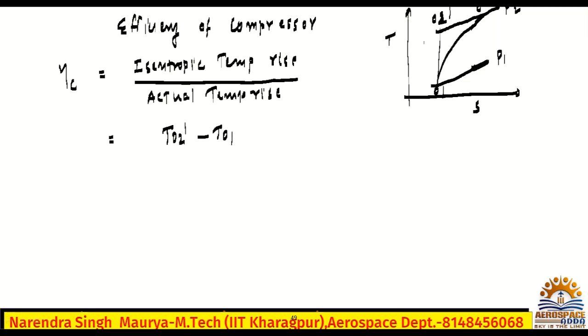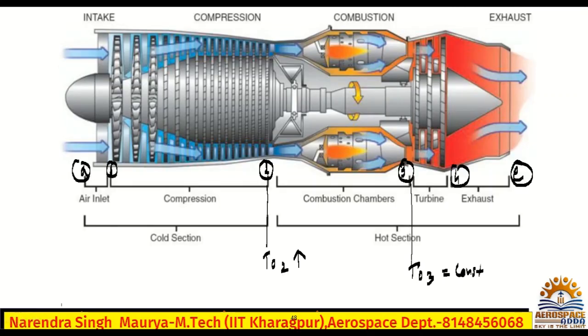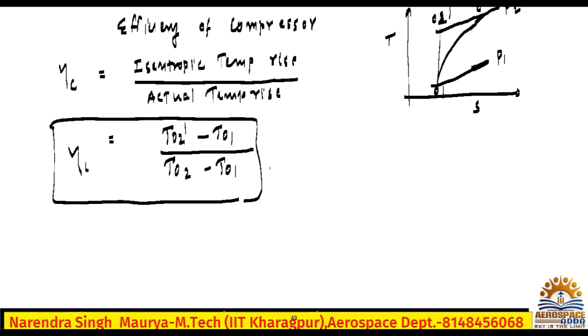T02 dash minus T01 is the isentropic rise of temperature, divided by the actual rise, T02 minus T01. Check here. They are saying T02 is rising. Now you tell me, what happens if T02 is rising? It means eta C will be decreasing by the formula.